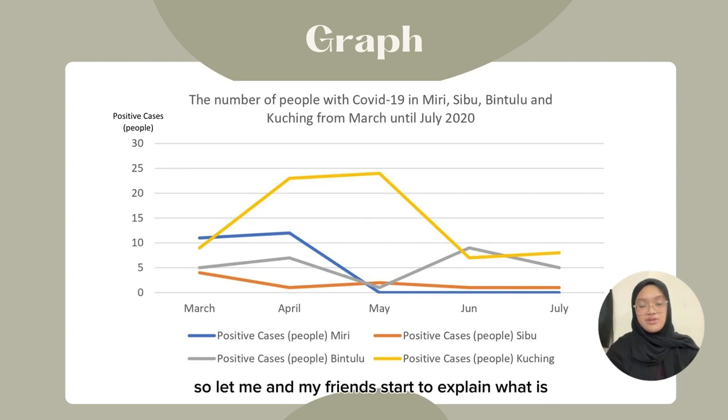So let me and my friends start to explain what the graph is about and how to read the line graph. This graph shows the number of people with positive COVID-19 in Miri, Cebu, Bintulu, and Kuching from March 2020 until July 2020.